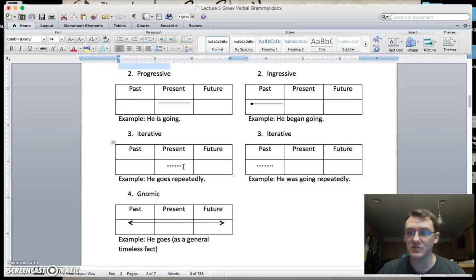So he slaps repeatedly, or he goes repeatedly. The author in the text can do this just by putting something in the present tense. No need for an adverb like we would do in English. But if you want to communicate that in English, you need to put in an adverb like "repeatedly" to communicate to the audience that that's what you think the author intends.